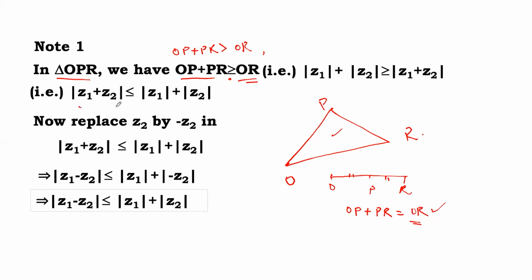So the mod of the sum of one side, Z1 plus Z2, and then Z2 and minus Z1.